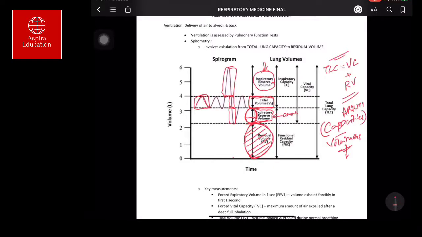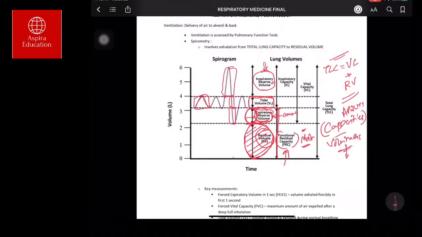So this combination of residual volume and expiratory reserve volume becomes the capacity. This is called functional residual capacity, and this is the most important capacity defined because you can increase or decrease it, and it helps you tide over difficult circumstances like stopping your breath for some time, or staying underwater for some time.